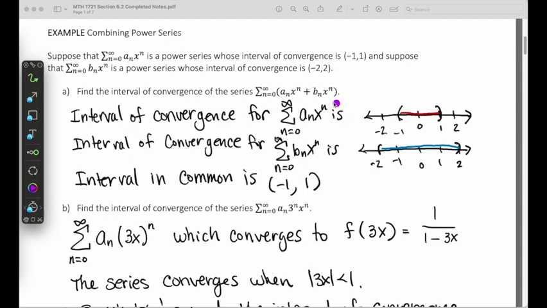So since the interval of convergence for an x to the n is from -1 to 1 right here, and the interval of convergence for Bn x to the n is -2 to 2 right here, where they overlap or what they have in common is going to be where the addition of these two, f plus g, is going to converge. And since they overlap on the interval -1 to 1, non-inclusive, that is where you're going to have your common interval of convergence.